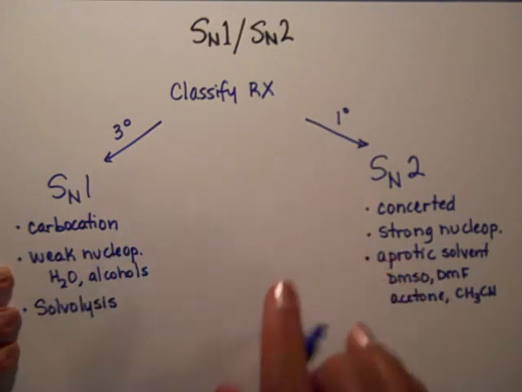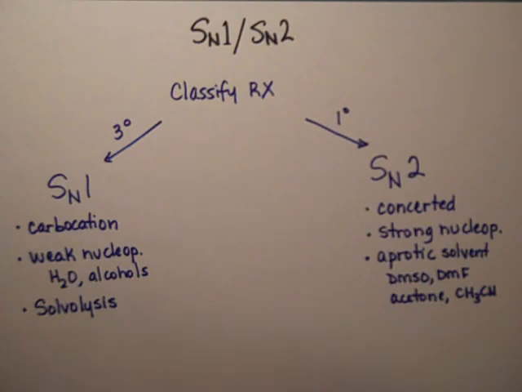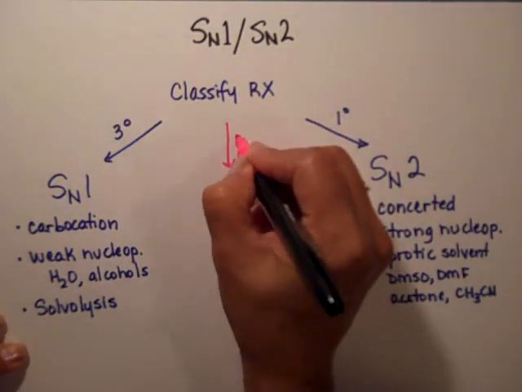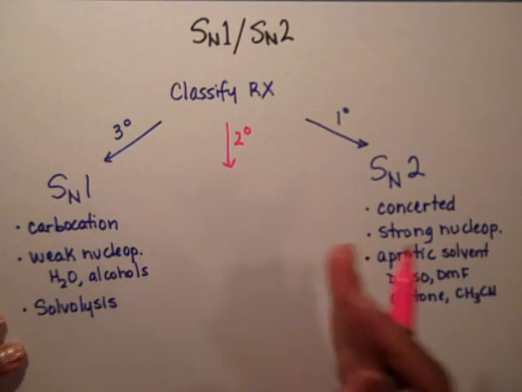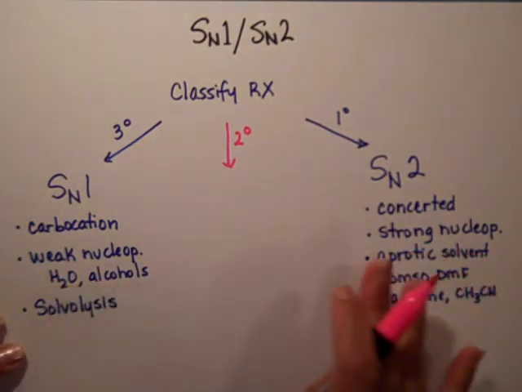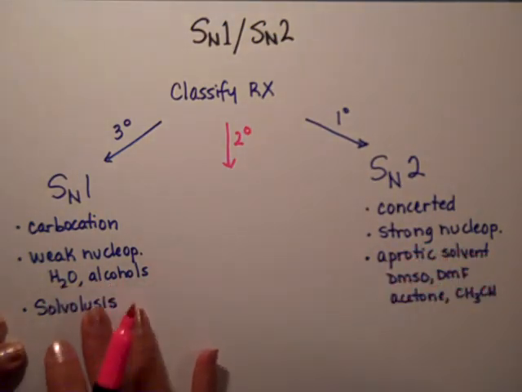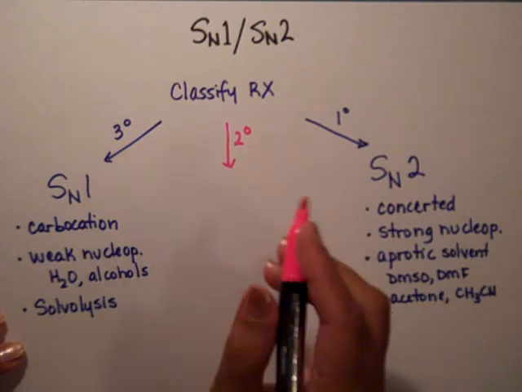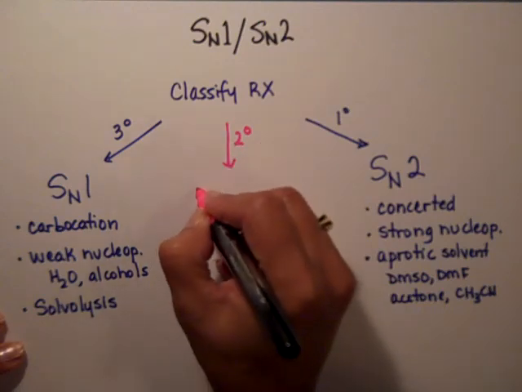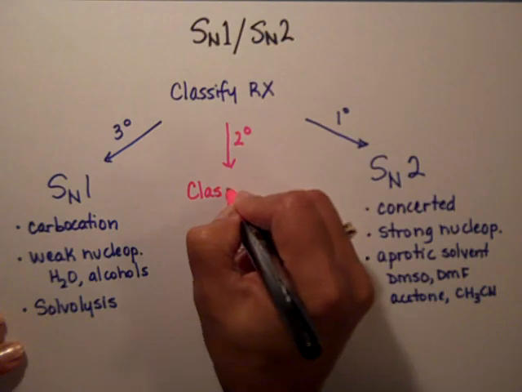Now the ones that we don't have here are the secondary alkyl halides. Those are the tricky ones because they can undergo the SN1 or the SN2, and you have to analyze the conditions that you have. Now, if your alkyl halide is a secondary, you're going to actually classify the nucleophile.